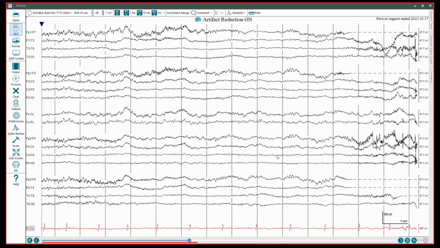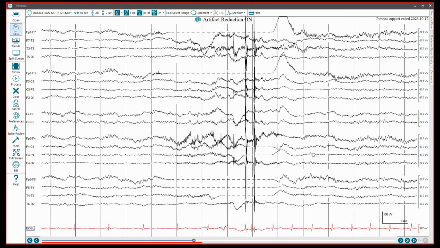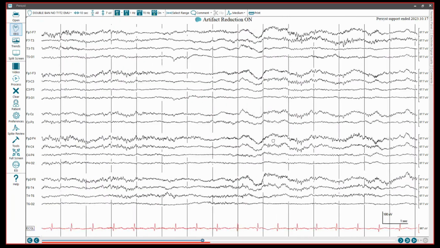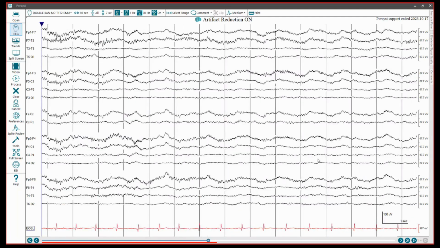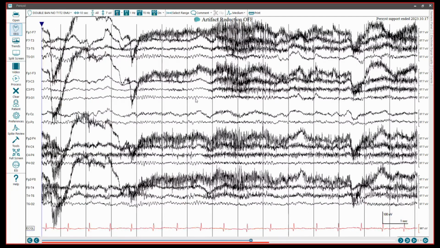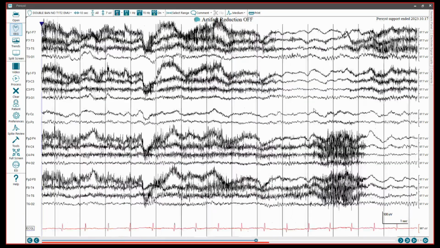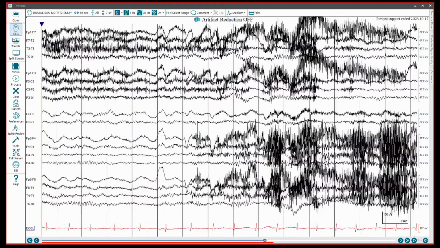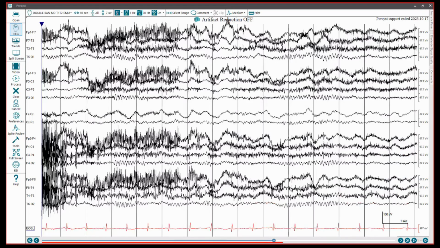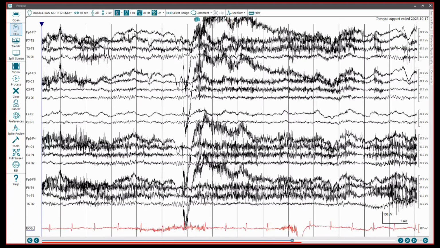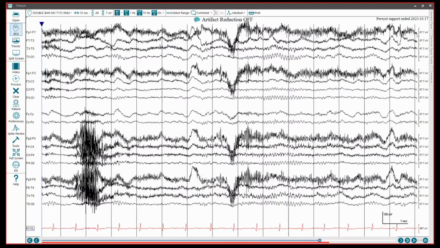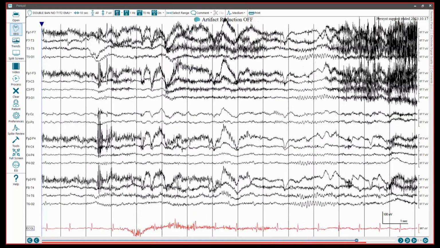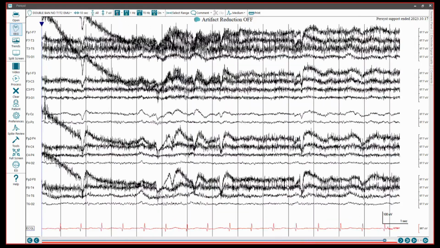But we do see a PDR right here, so that's good news for the patient. See a PDR 1, 2, 3, 4, 5, 6, 7, 8, 9. So it's in the range that it was preceding the seizure. And then this clip ends.